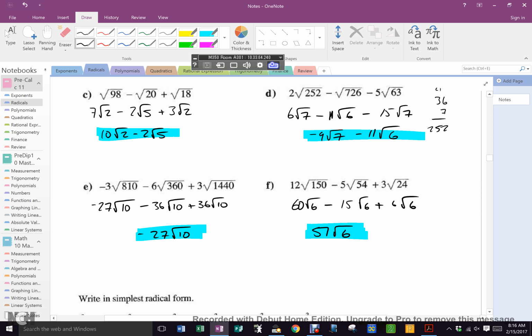So 36 root 7, so yeah, that should be 12, shouldn't it? Because a 6, that's 36 times 7, and I bring out a 6, so that should be 12. Nice! Good job. 12 minus 15 is indeed negative 3. Well done.